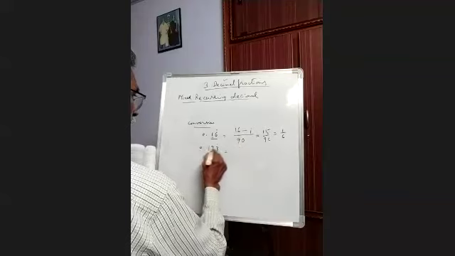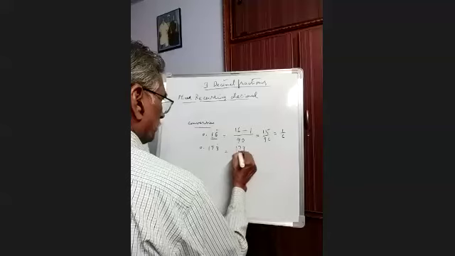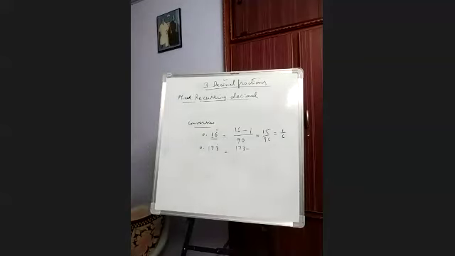All the digits after the decimal point, 173, minus the number formed by digits which are not repeated.